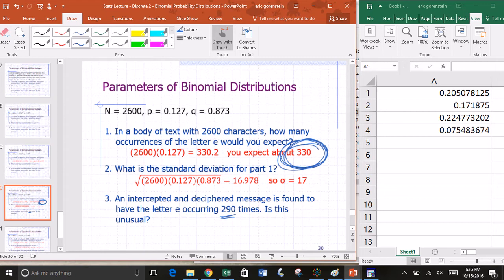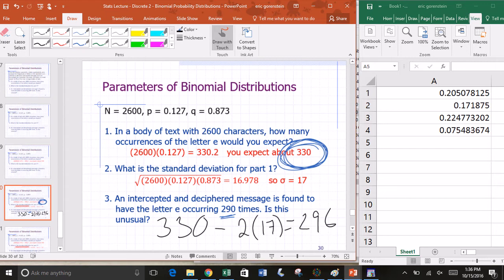So if we take the average, which is 330, and subtract 2 standard deviations, well, 2 standard deviations is 34. So 330 minus 34 would be 296. So 296 is exactly 2 standard deviations below average, or 296 would have a z-score of -2.